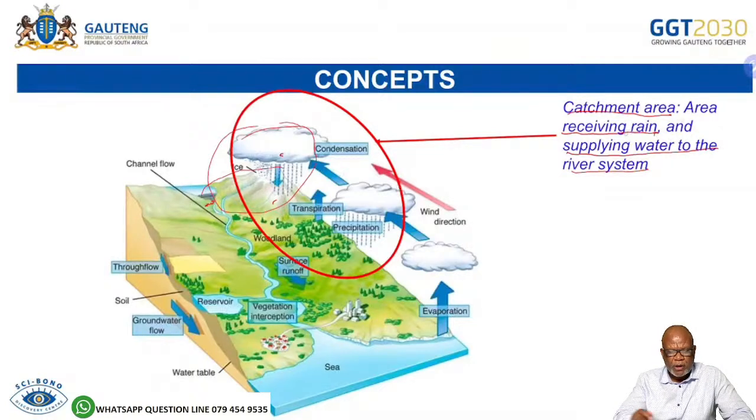Now, here again we have a continuation of that groundwater, and all these other processes that are taking place here, your evaporation and wind direction taking water, the clouds, straight to the source where it's going to bring our rainfall.